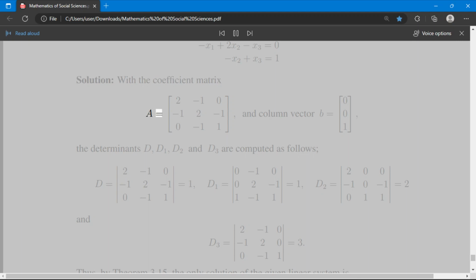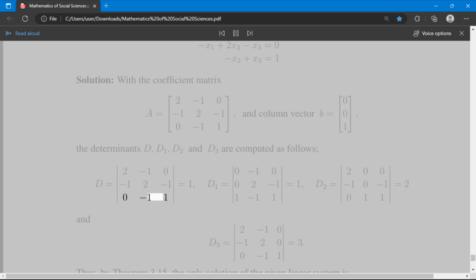Solution, with the coefficient matrix A = [2 -1 0; -1 2 -1; 0 -1 1] and column vector B = [0; 0; 1]. The determinants D, D1, D2 and D3 are computed as follows.